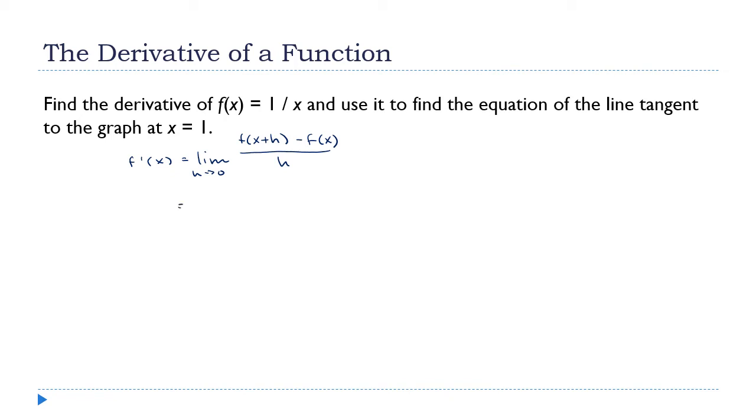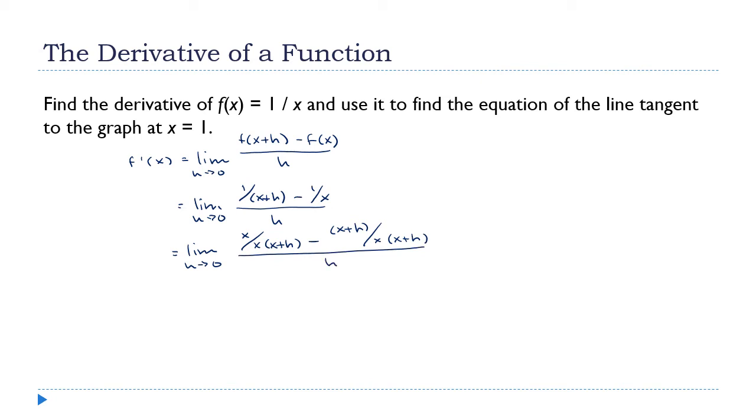So this is the limit as h approaches 0 of 1 over x plus h minus 1 over x, all over h. Now I've got to combine these fractions together. I'm going to do that with a common denominator. This will be the limit as h approaches 0 of x over x times x plus h, minus x plus h over x times x plus h, still over h.